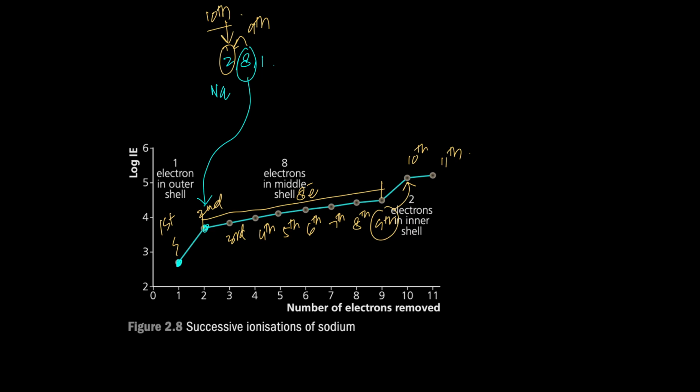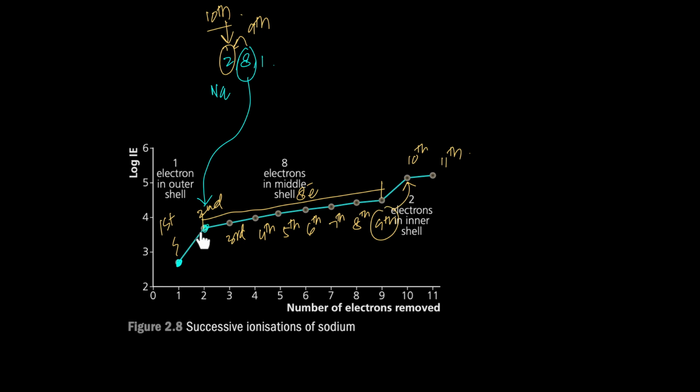Make sense, guys? More energy would be required in the 10th ionization energy compared to the second. The 9th also slightly increases, so the 9th would be more than the second. But we need to look at the jumps.